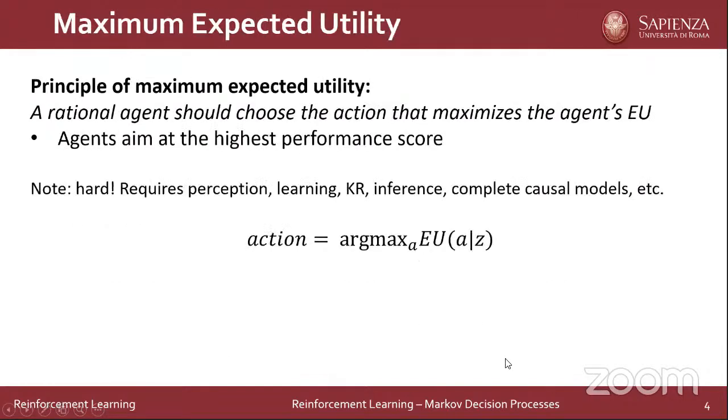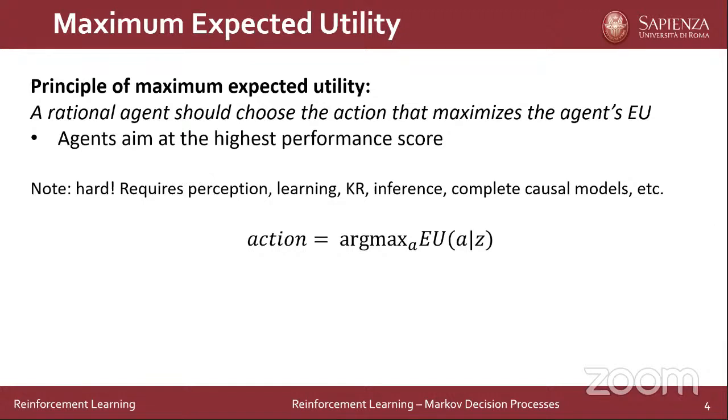So this is exactly what we said. We want to do an argmax over the actions of the expected utility. We want to choose the action that maximizes our expected utility.